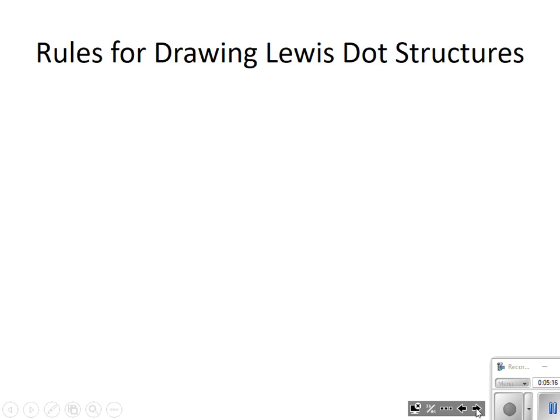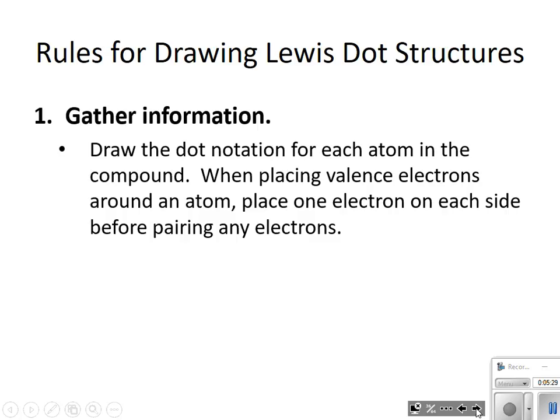Now, we have some rules that need to be followed when we are making our Lewis dot structures. The very first rule is we need to gather the information. So the first step in drawing these Lewis dot structures is to gather the information.